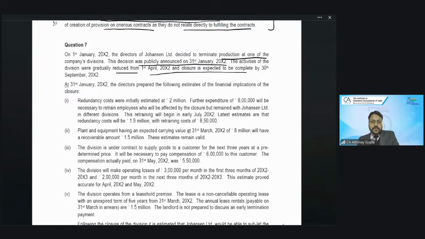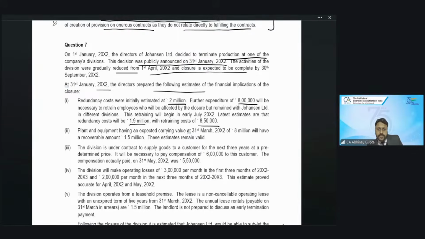As at 31st January 2002, the directors prepared the following estimates of the financial implications of this closure. Redundancy cost 2 million, further expenditure 8 lakh to retrain the employees who are not terminated, right? Eventually, the redundancy cost was discharged at 1.9 million and retraining at 8.5 lakh.